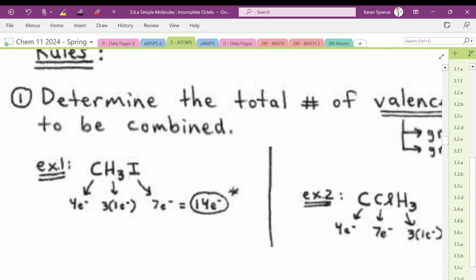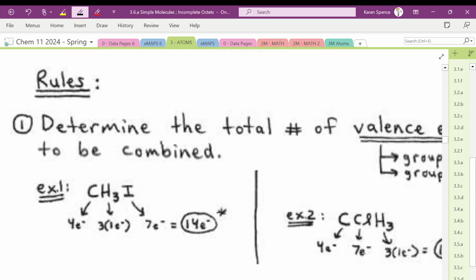All right, now, for example, here we have CH3I. Carbon has 4 electrons. How many valence electrons does hydrogen have? 1. But we have 3 hydrogens, so we multiply that by 3. And then iodine is in group 17.